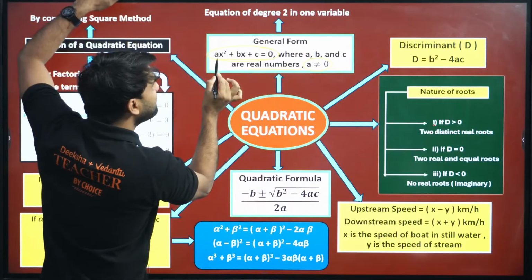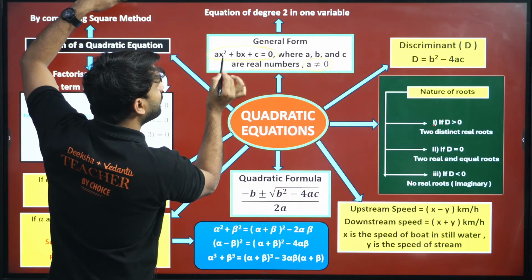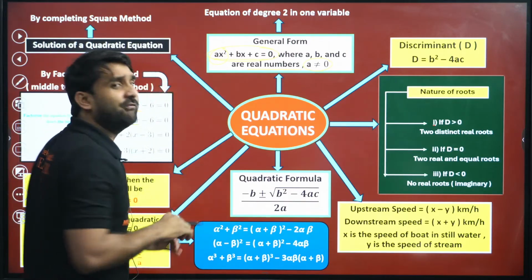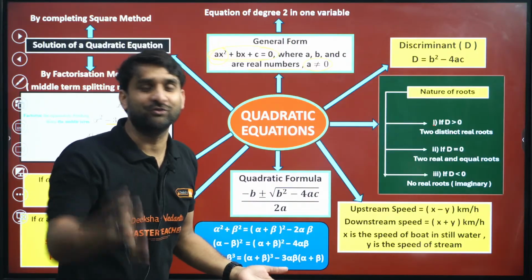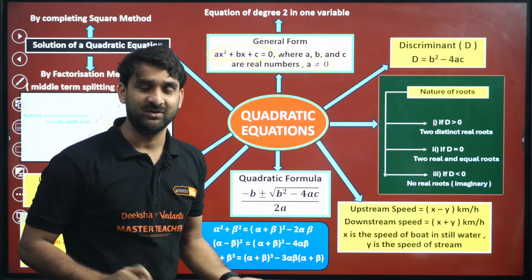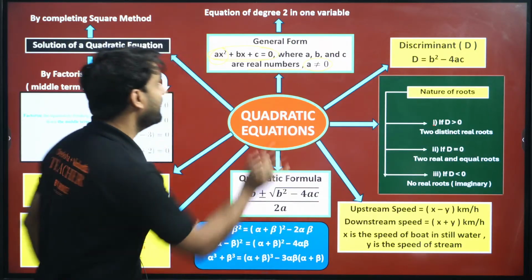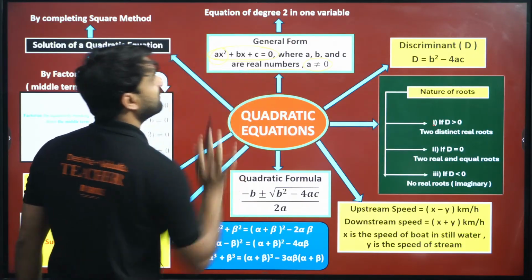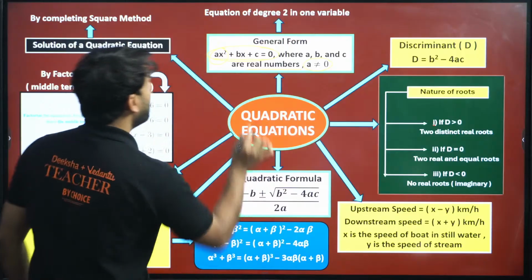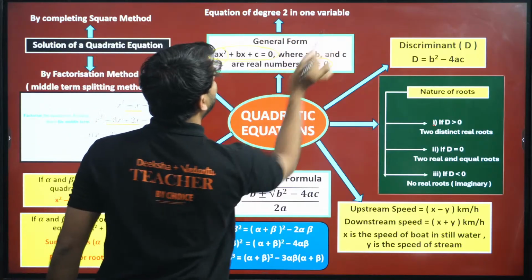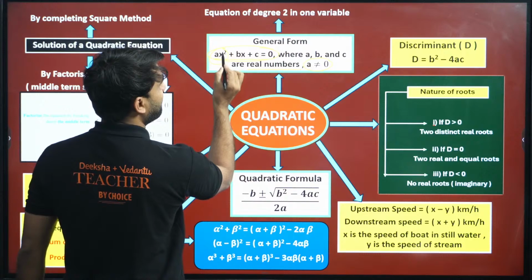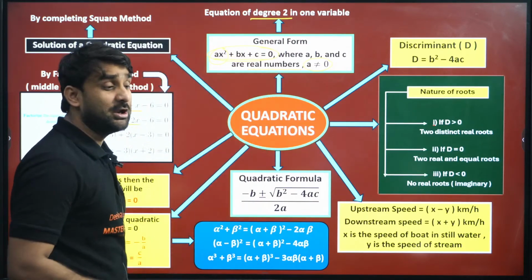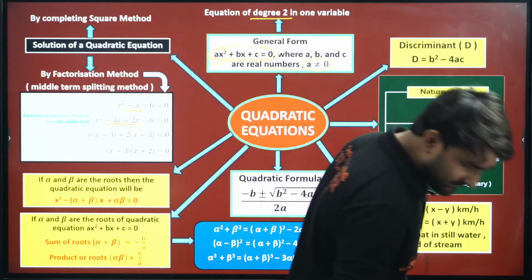If a becomes 0, the whole ax square term becomes 0, and if x square is not there, we cannot call it a quadratic equation. It will be a linear equation, right? So a cannot be 0. Only then will this equation be a quadratic equation, an equation of degree 2 in one variable. Yes, of course, the highest power is 2, so the degree is 2.